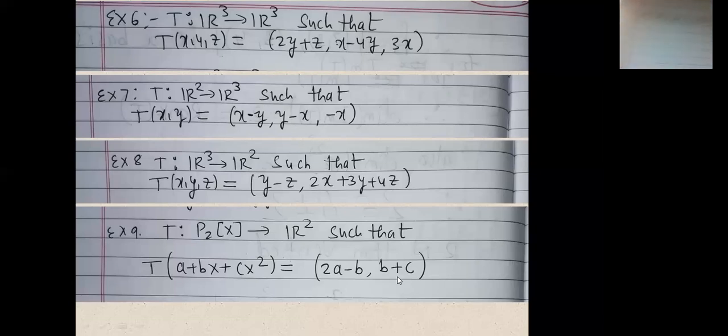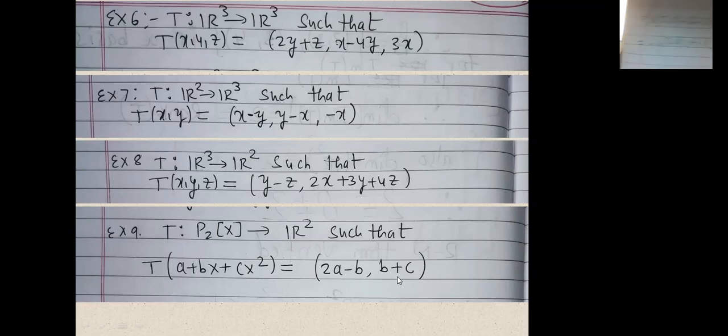Okay, so we have taken ABC common. Again, you can see here the same case is appearing here also, as what we saw in the previous exercise. So this is equal to the linear span of (2, 0), (-1, 1), (0, 1).